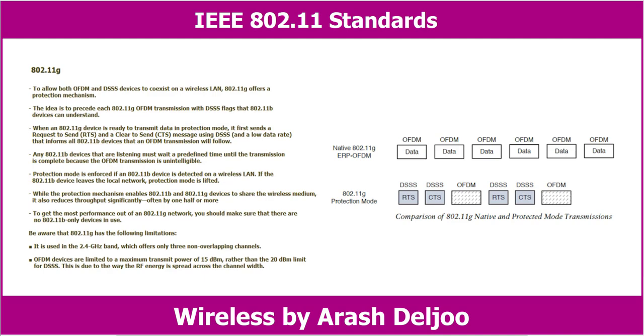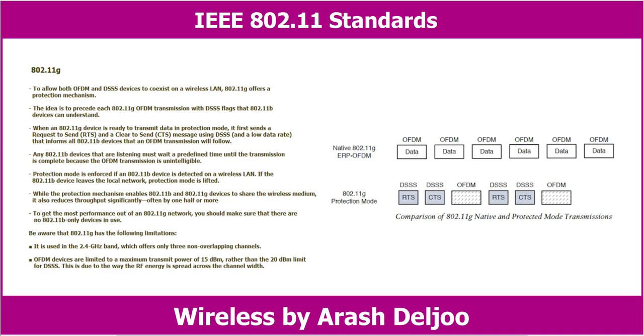While the protection mechanism enables 802.11b and 802.11g devices to share the wireless medium, it also reduces throughput significantly, often by 1/2 or more. To get the most performance out of an 802.11g network, you should make sure that there are no 802.11b only devices in use.